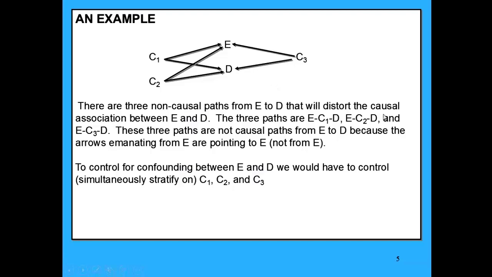Basically, if you take any particular one of them, C1 goes to E and C1 goes to D. See the way if you just pick off C1? So C1 looks like a confounder from that DAG. So does C2 and so does C3. So if this was your DAG, you'd probably want to consider controlling for all 3. You might not need to control for them, but you would start a model by putting these 3 C's in the model.